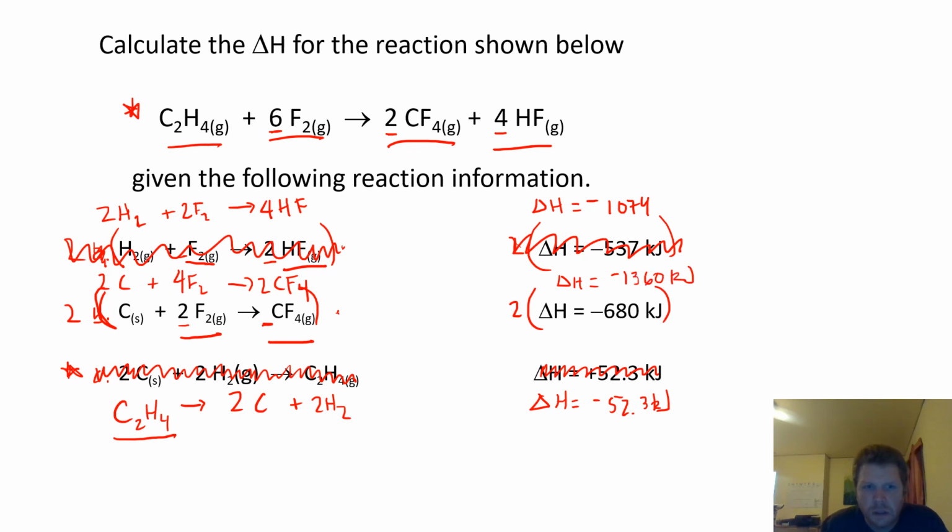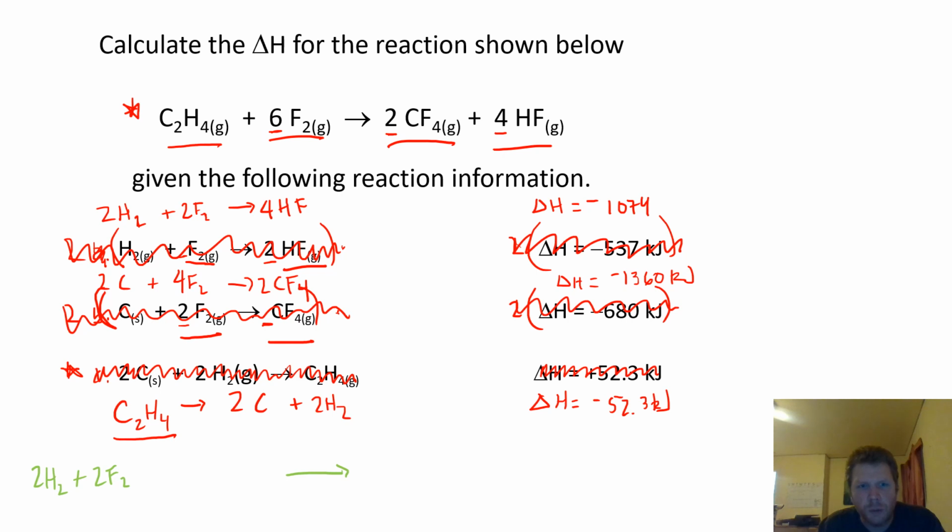Okay, so I can scribble out my original B, and now I can just combine all of my reactants. The way I like to do it is to have my arrow between my reactants and my products. For all of my reactants, from reaction A I've got 2H2 plus 2F2.